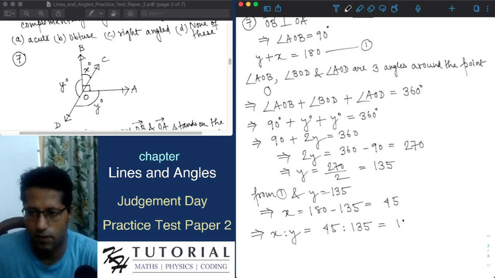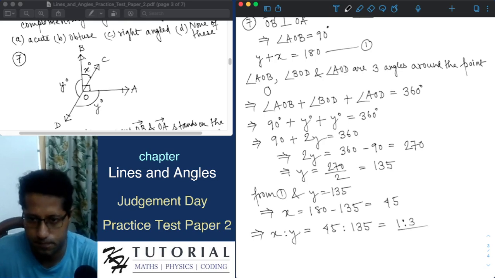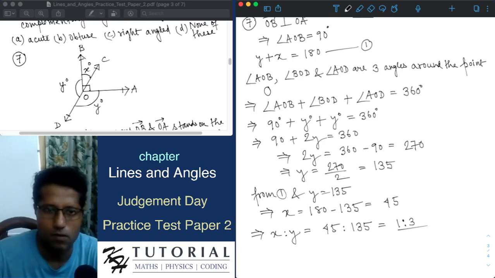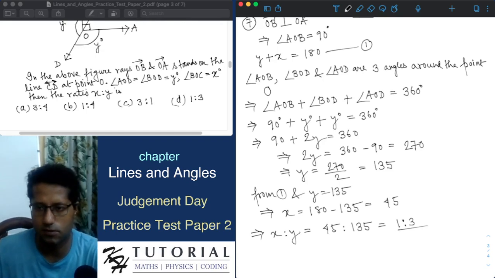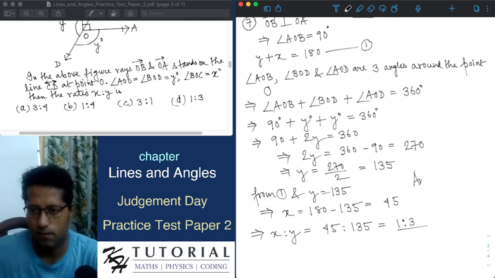So this is 1 is to 3. 1 is to 3 should be the answer. So the answer is choice D.